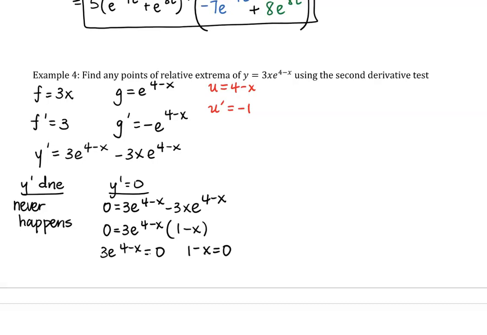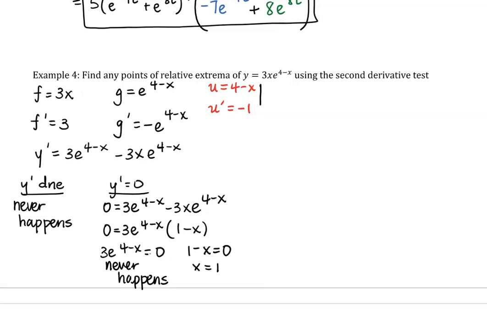If you remember, exponential functions, unless they have been shifted down, they never equal 0. So this is never going to happen. So we won't get any critical values from that first factor, but 1 minus x will equal 0 when x is equal to 1. So we only have one critical value, and it is 1.